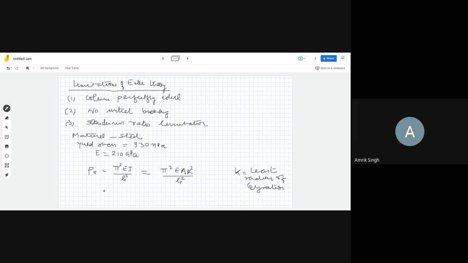Okay, so you can again rewrite it. You can write it like this: pi square E into A divided by (LE upon K) whole square, right?